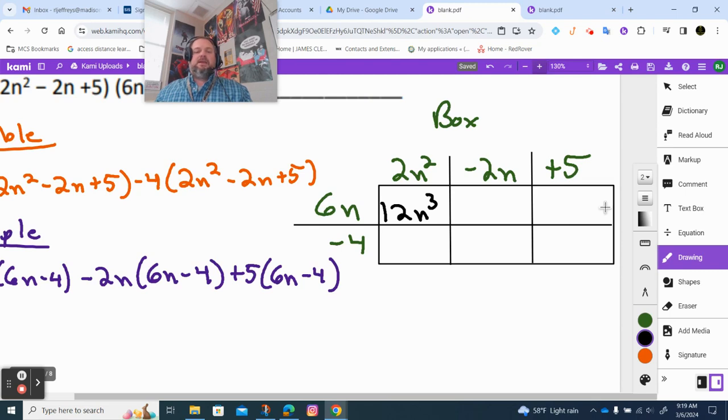Same thing, except this is a negative, so we're going to have negative 12. We add the exponents when we multiply, so 1 plus 1 is n squared. 6 times 5 is 30, and we tag along the n.